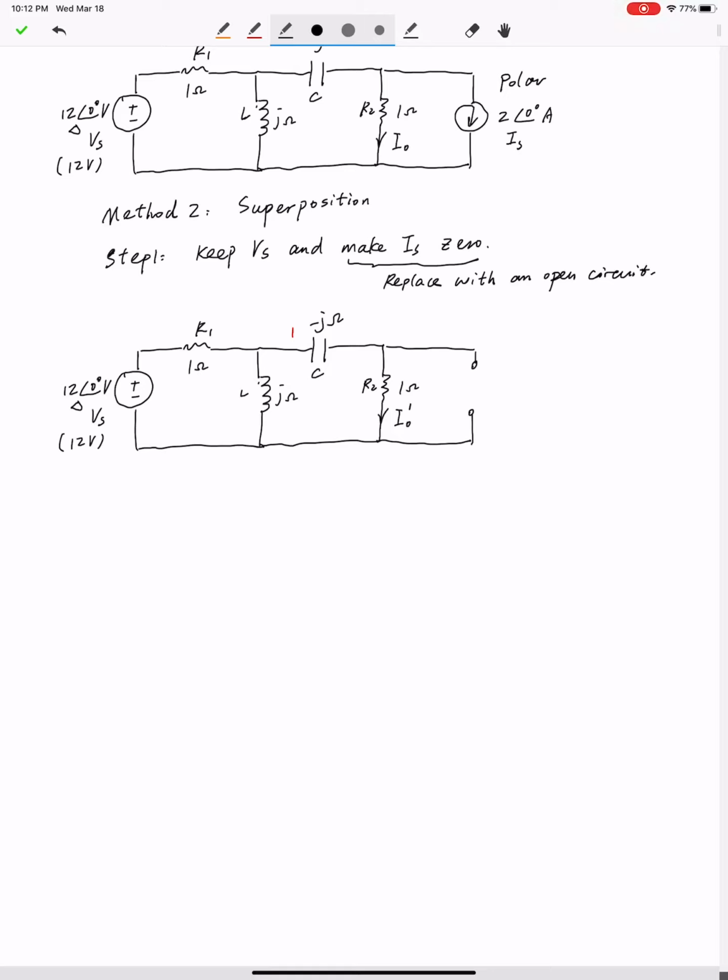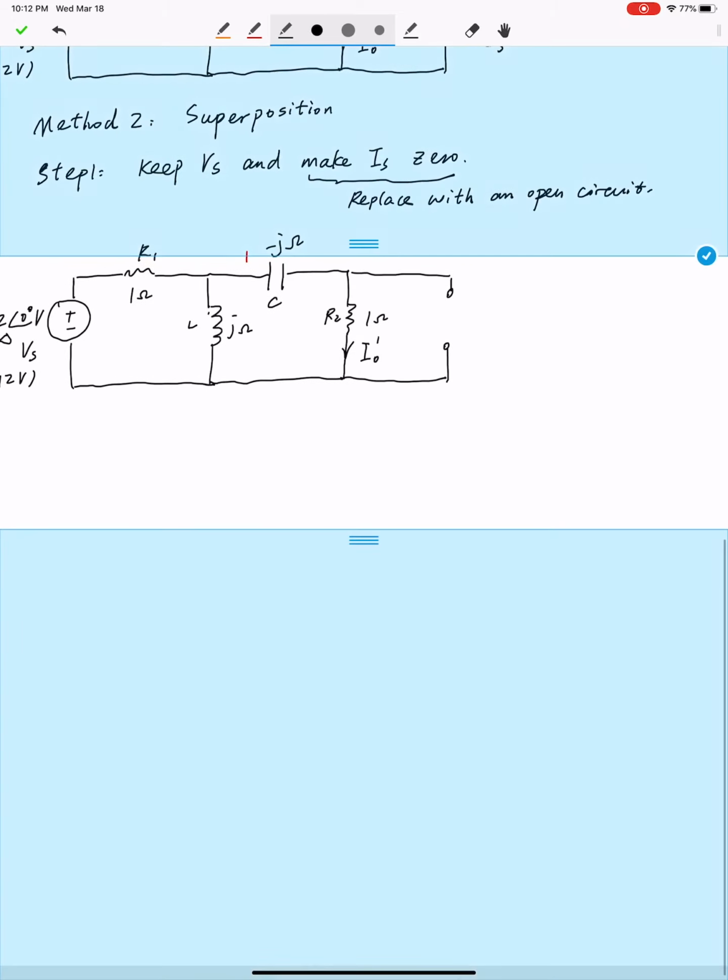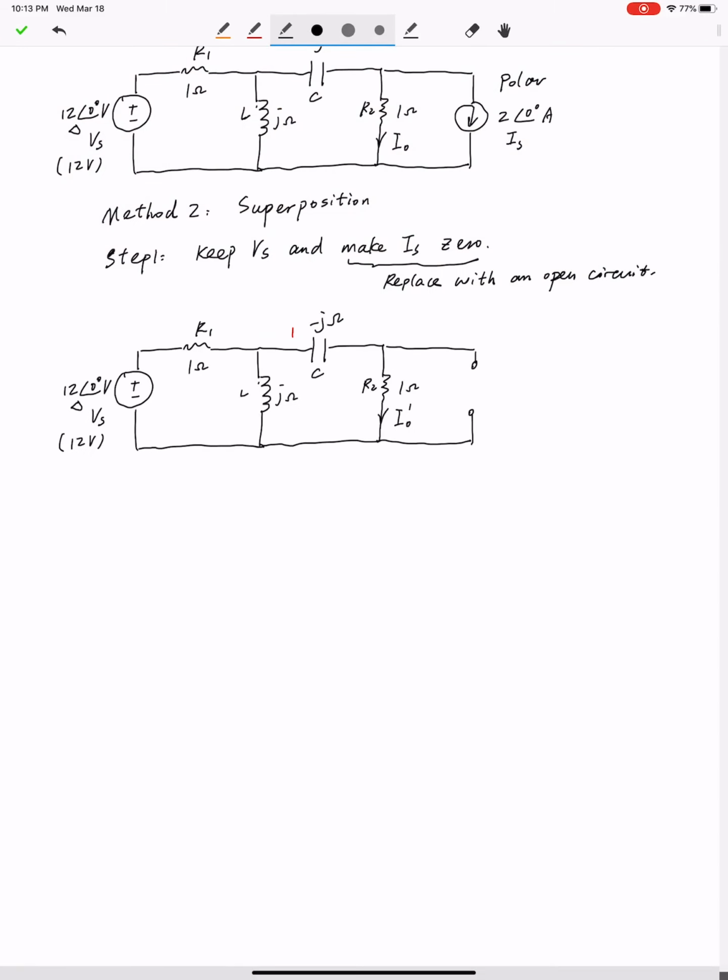All right. So what's the value for I naught prime? To find the value of I naught prime, as you can see, we have only a single source, which is a voltage source, and we have several components. The capacitor and the second resistor are obviously connected in series, because this branch is an open circuit and the current is going to be 0, right?